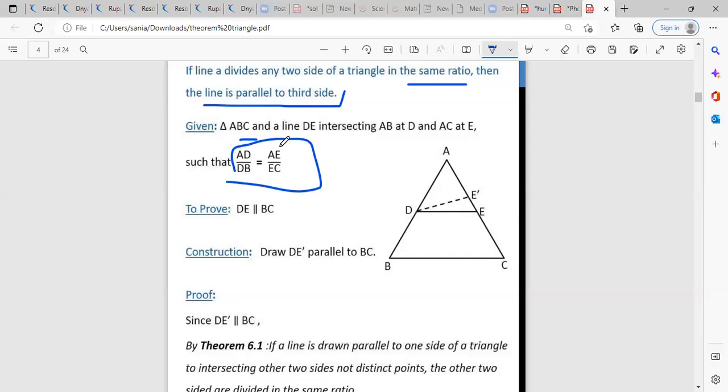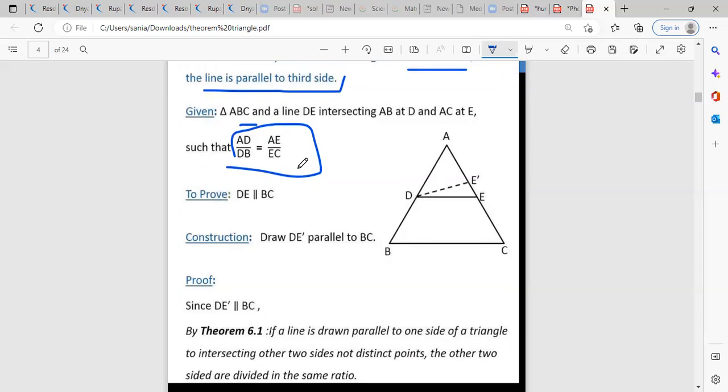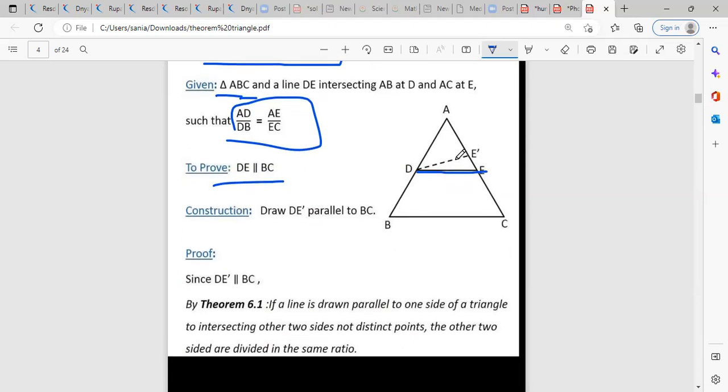Earlier, we had to prove this one. What you have to prove now is that DE is parallel to BC. So over here, you will write given triangle ABC and this ratio. You will not write DE and everything. Then in the construction, you will draw DE dash, and this DE dash is parallel to your BC. Clear?